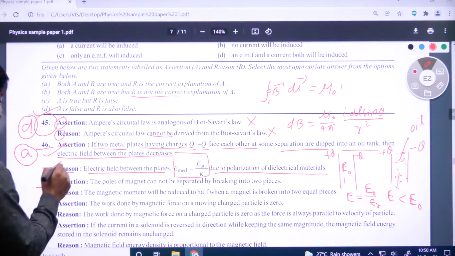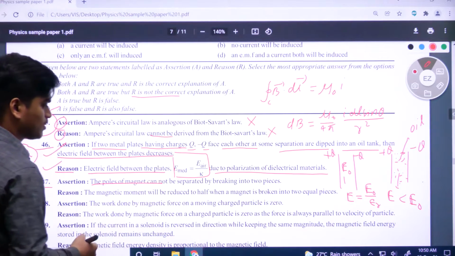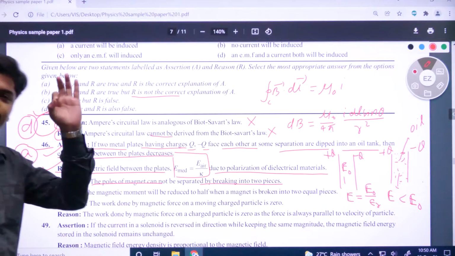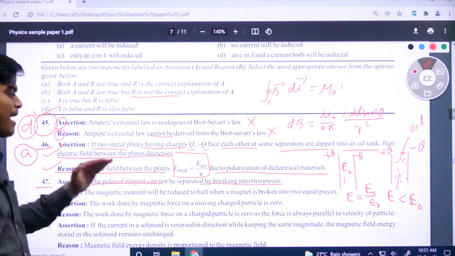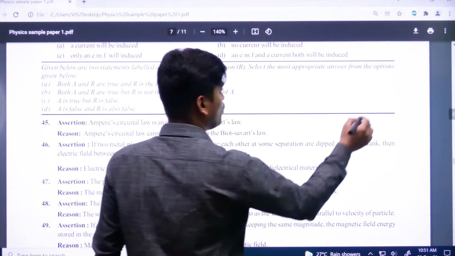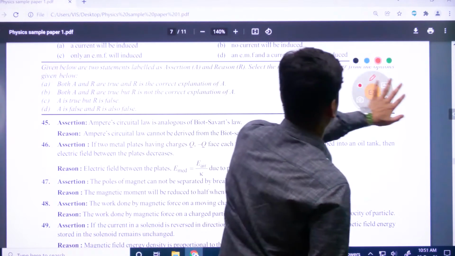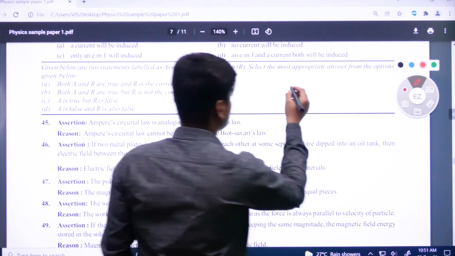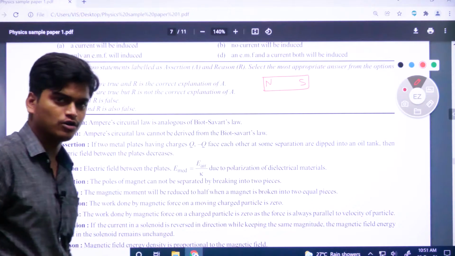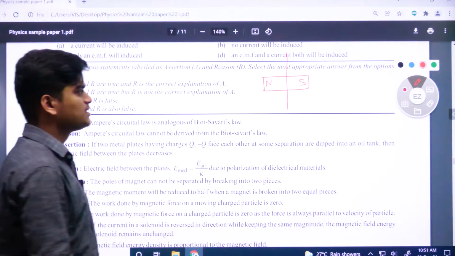Now question 47. Here they are telling that the poles of a magnet cannot be separated by breaking into 2 pieces. Actually it is correct. Whenever you take a bar magnet, suppose it has a north pole and south pole. Now suppose you cut the bar magnet from here, then what will happen?